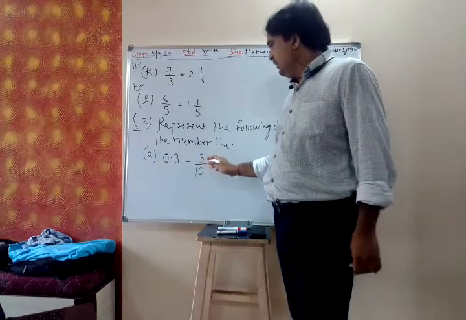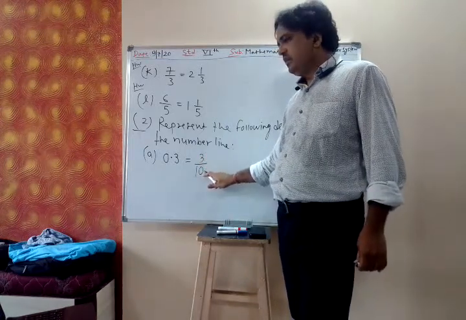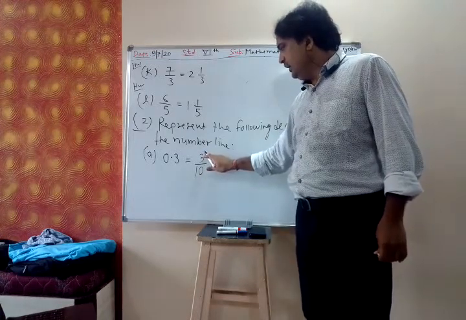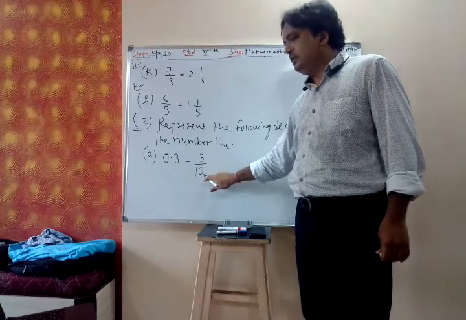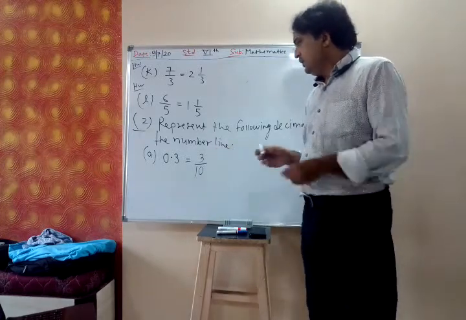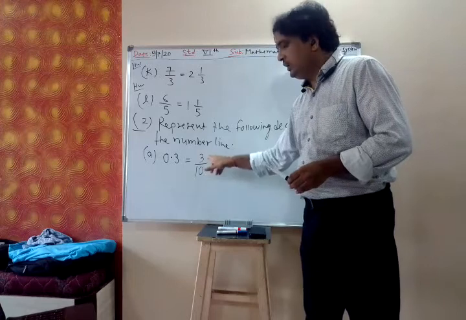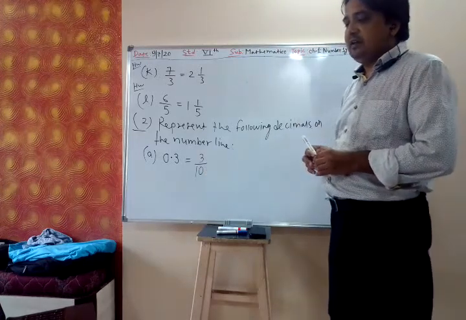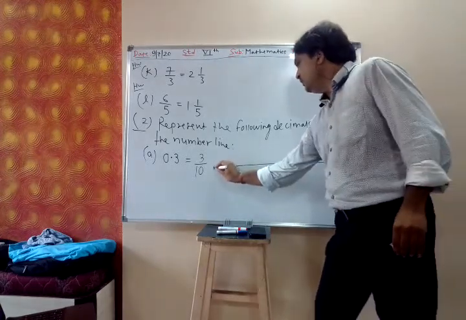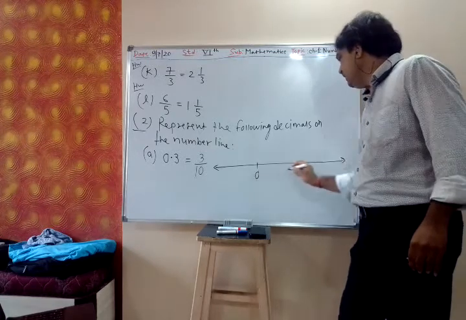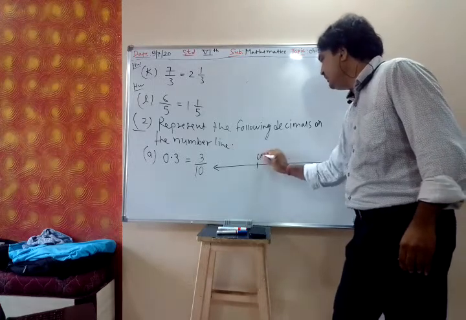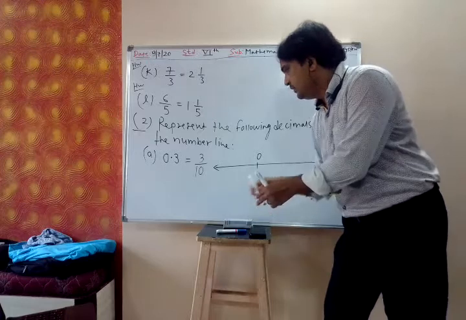So 0.3, I can write 3 upon 10. Now here numerator is smaller than denominator. Denominator is bigger. So this is a proper fraction, 3 upon 10. Now what I have to do? I have to divide the number line between 0 and 1 into how many equal parts?